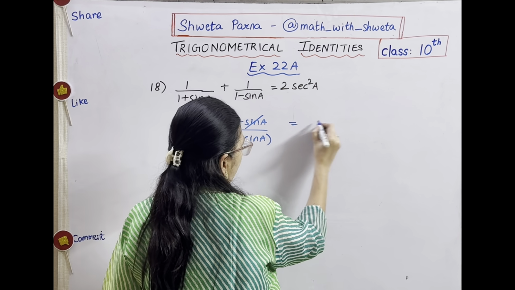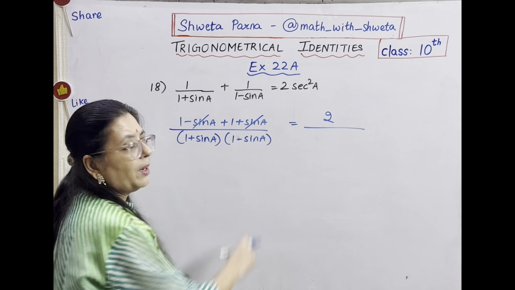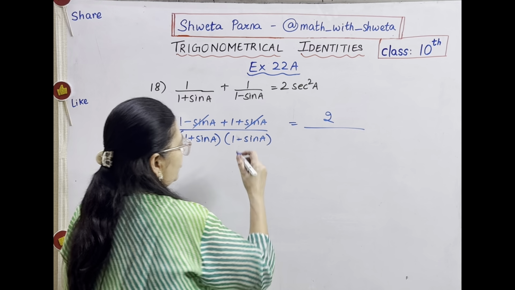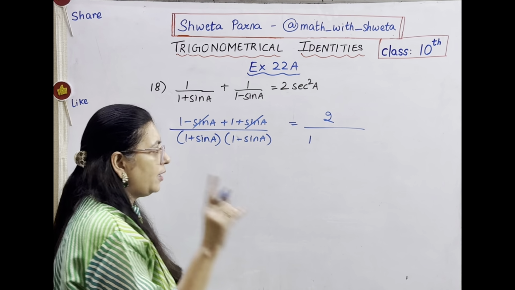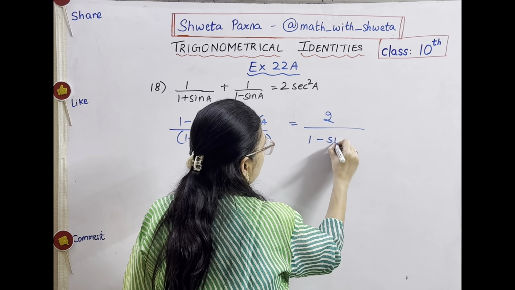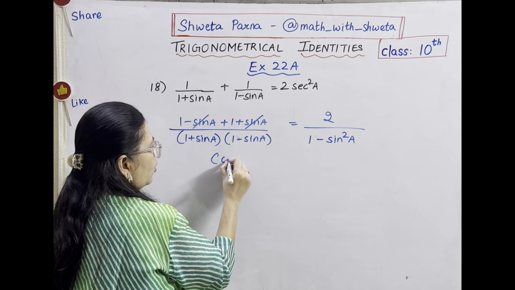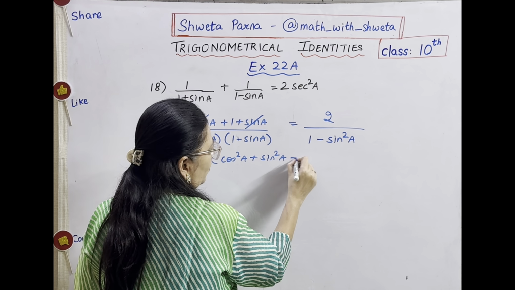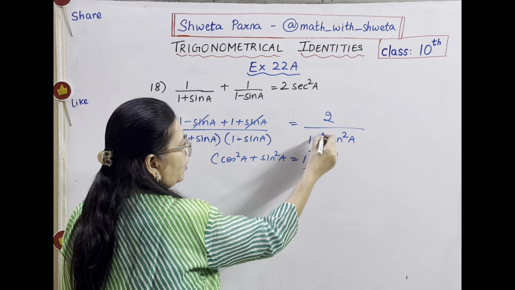What is left? 2 upon A plus B into A minus B. What is that, children? It is A square minus B square. So what is A over here? 1, so 1 square. What is 1 square? It is 1 minus sin square A. Okay. Now cos square A plus sin square A is equal to 1. So if I take sin square here, what will I get? Cos square.